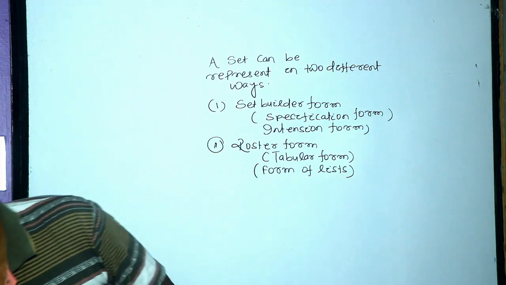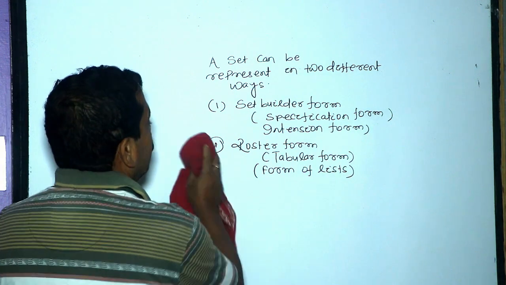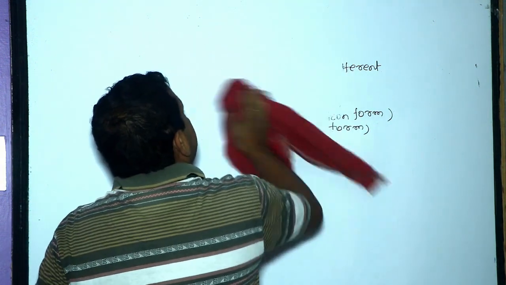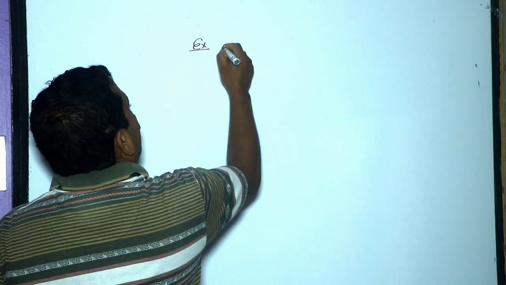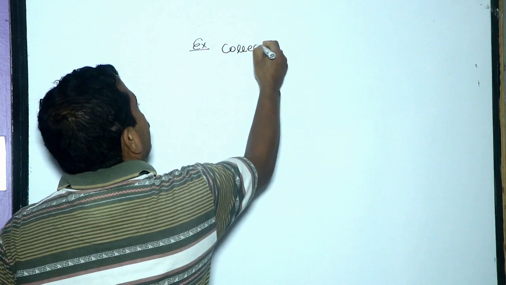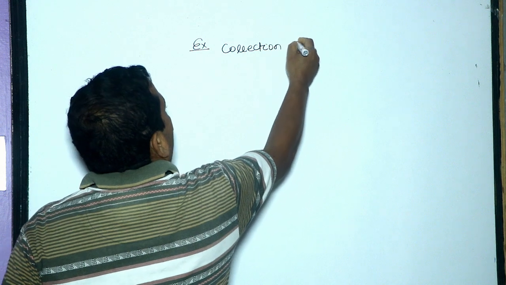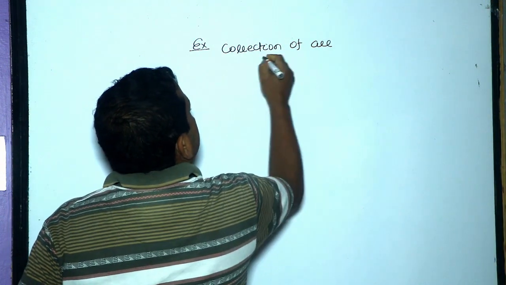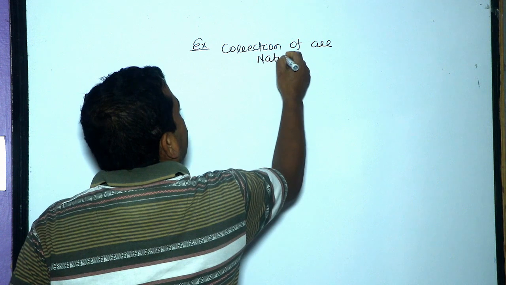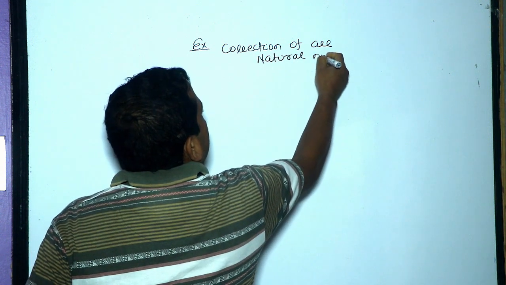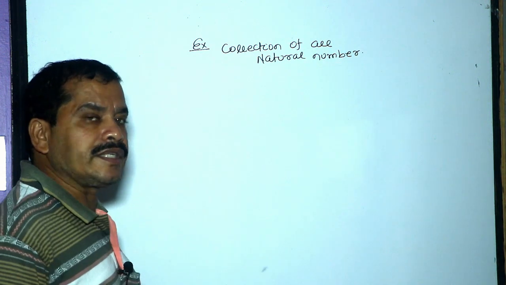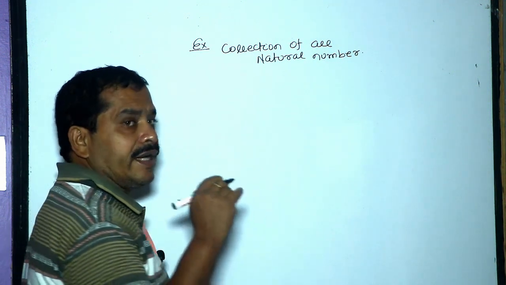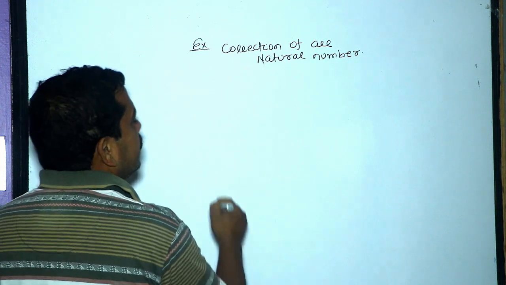We shall discuss some examples so that how we can represent a set will be clear. Suppose collection of all natural numbers. It is a set and we can describe it in two different ways.